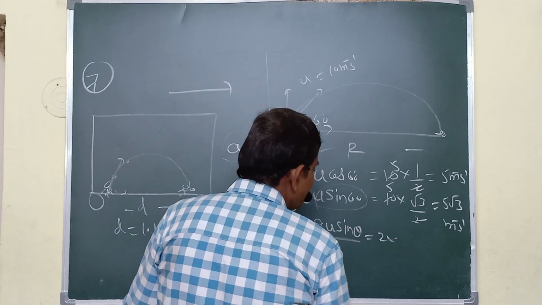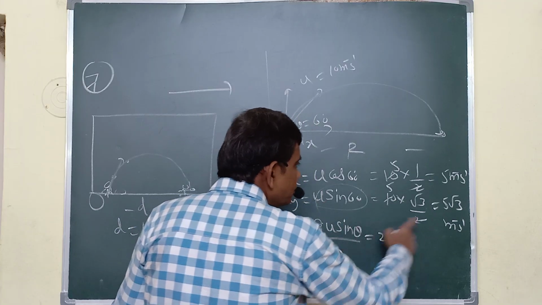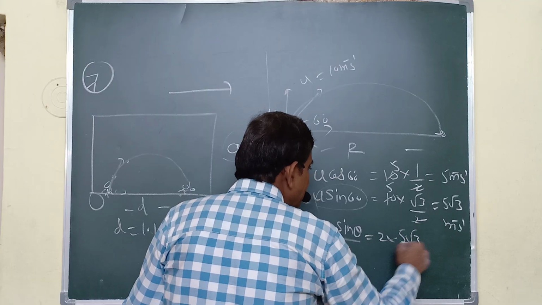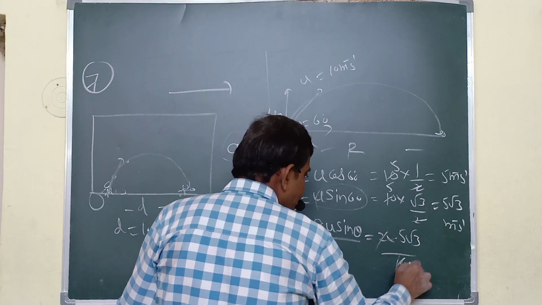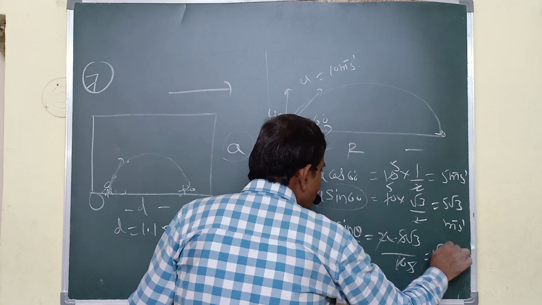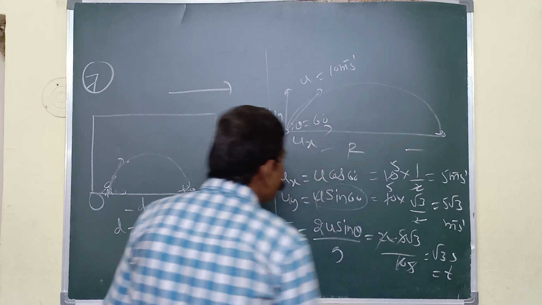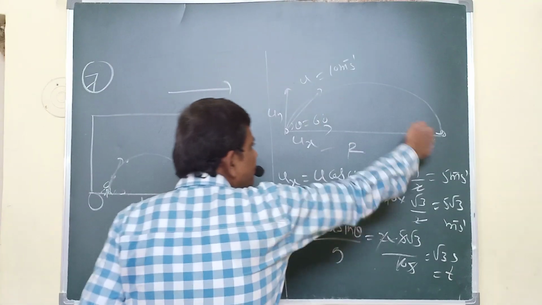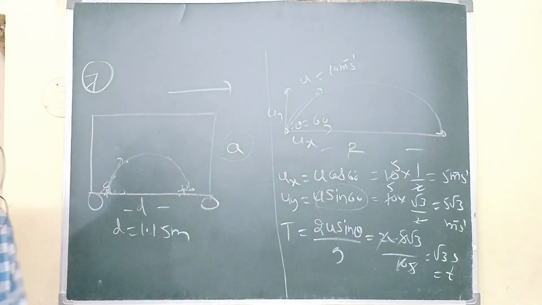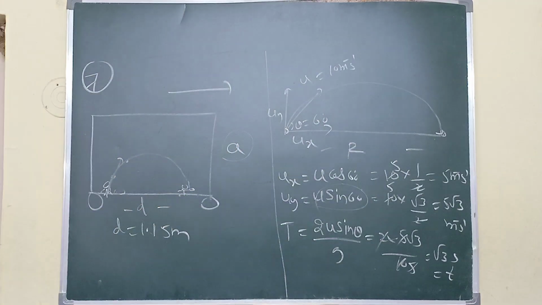So 2 into 5 root 3 by g, with g given as 10, gives root 3 seconds. Taking the time as small t, it takes root 3 seconds for the ball to go from here to here.